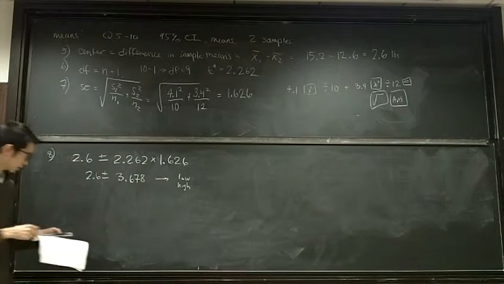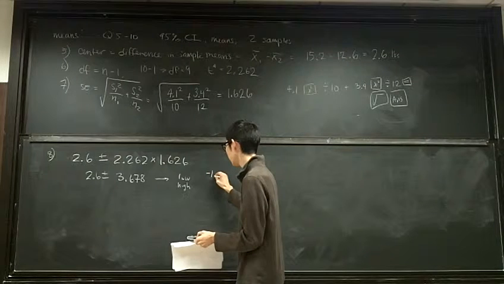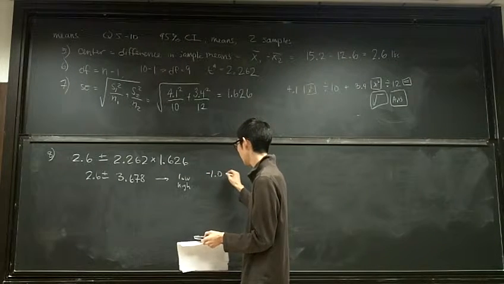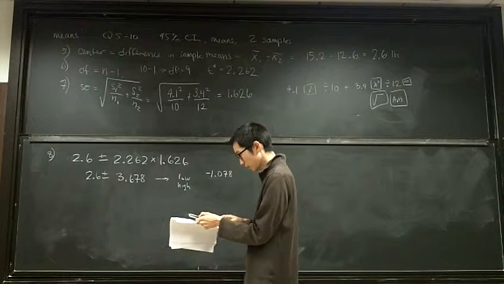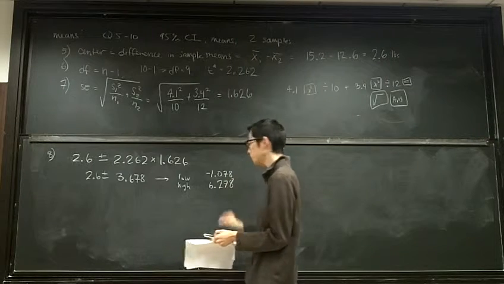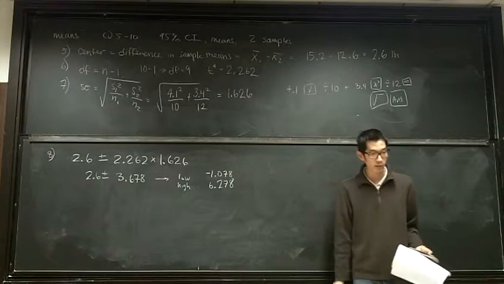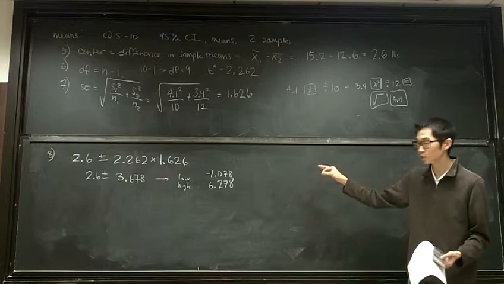Okay. So on the low end, I get negative 1.078, and on the high end, I get 6.27. Now, if you round off a couple decimals, that's okay. On the answer key, or in the multiple choice, only certain answers will be listed.